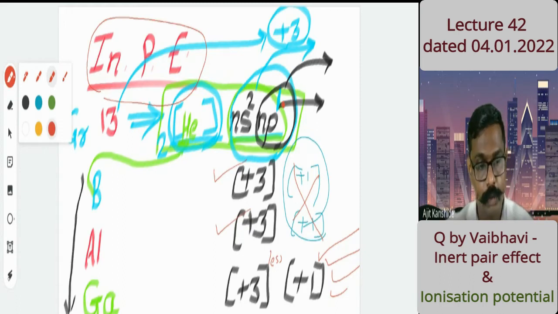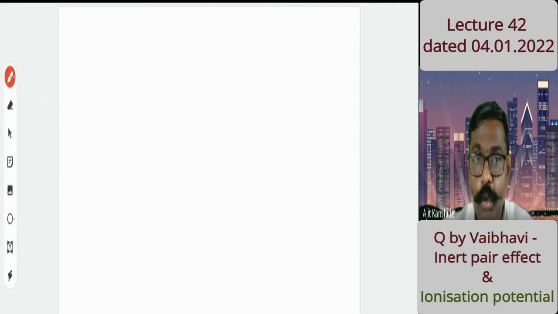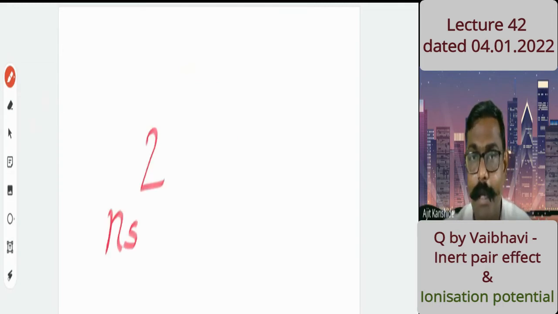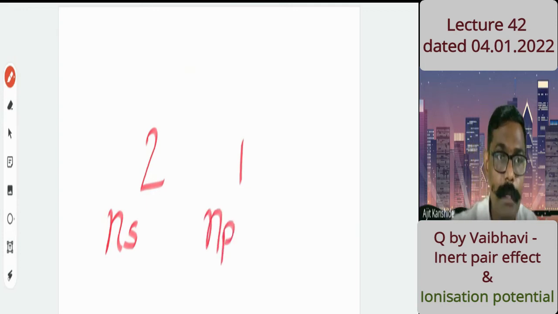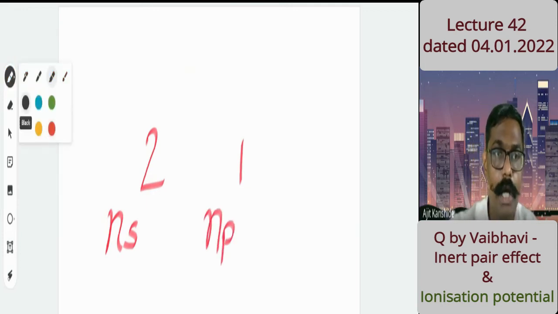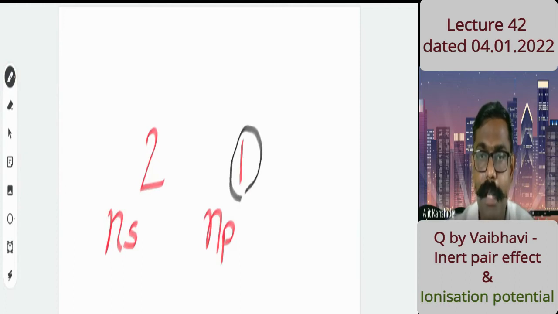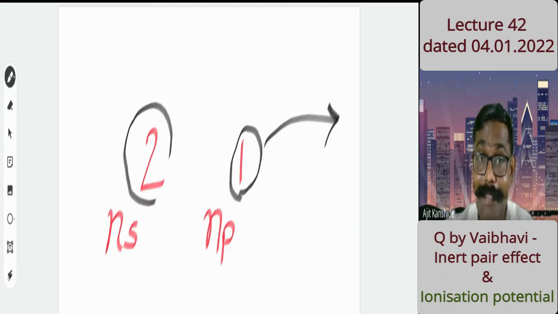Out of the 2 electrons present in ns and only 1 electron present in np, we find as we go down, the electron in np goes out, but the electrons in ns do not go out. They hesitate to go out.